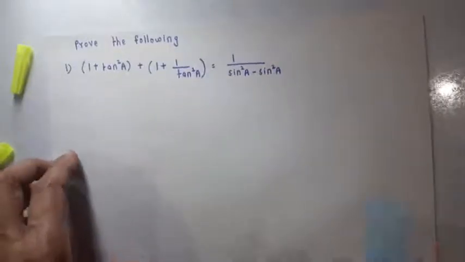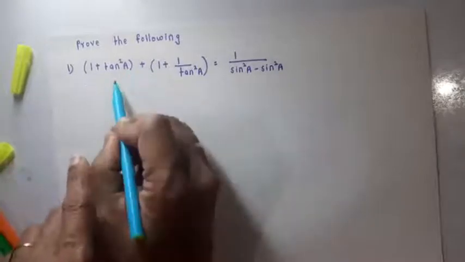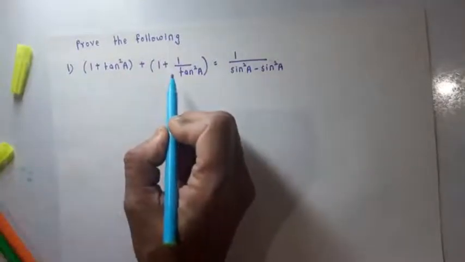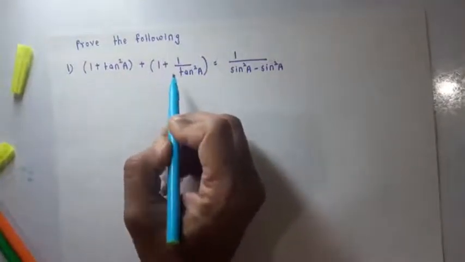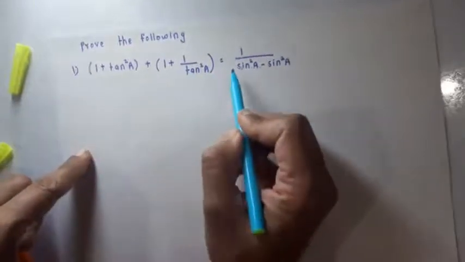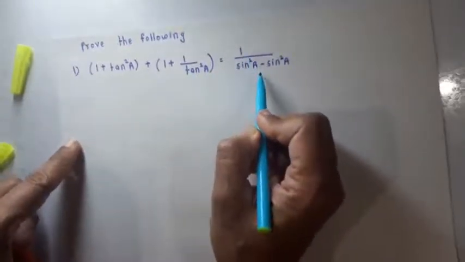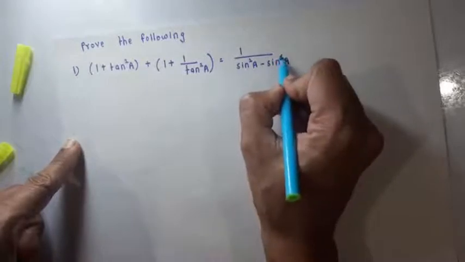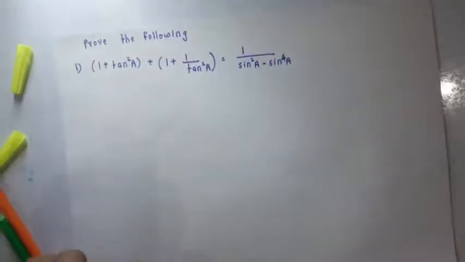Next one is, prove the following: 1 plus tan square A plus 1 plus 1 upon tan square A equals 1 upon sin square A minus sin raised to 4A.